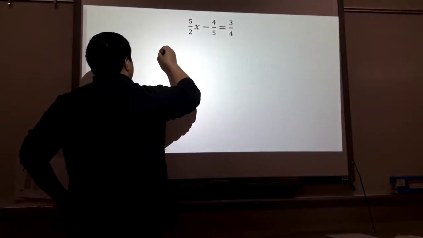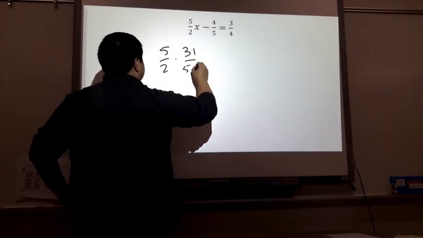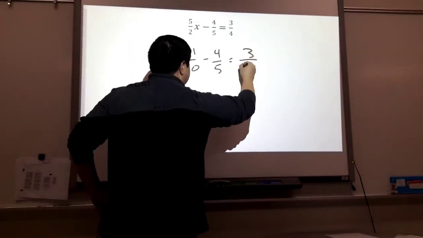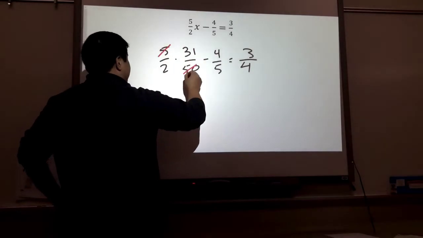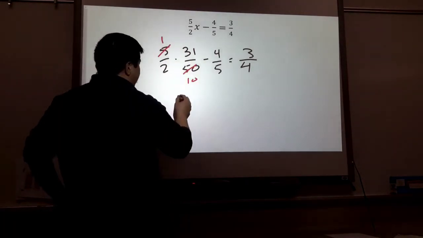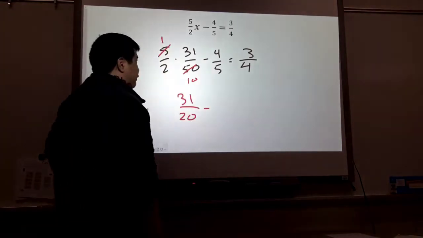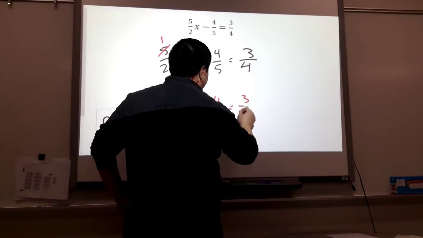We're going to do 5 over 2 times 31 over 50 minus 4/5 will hopefully get us 3/4. Cross cancel, this becomes a 10, this is a 1, so we get 31 over 20 minus 4/5. Hopefully get us 3/4.